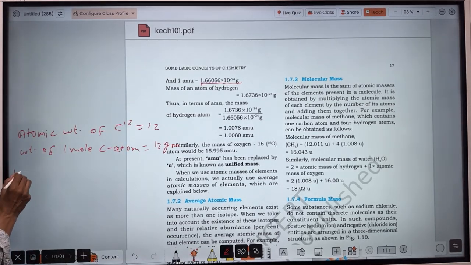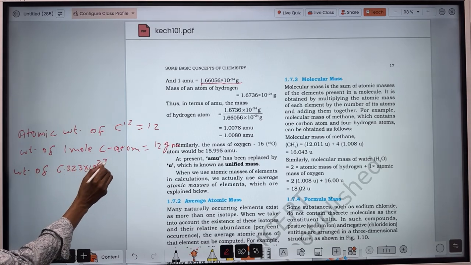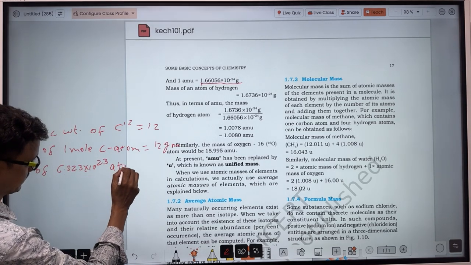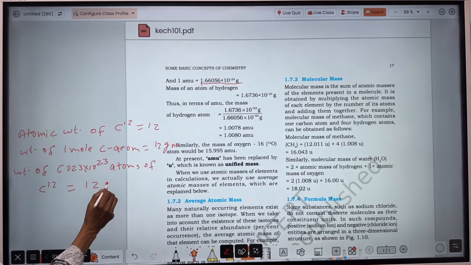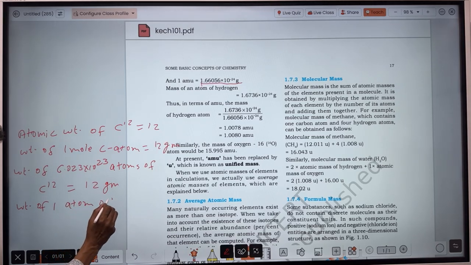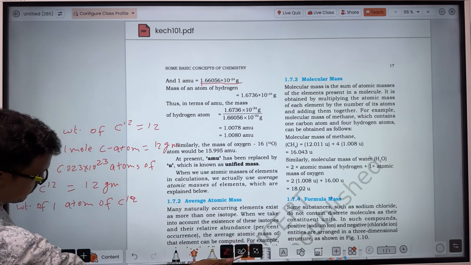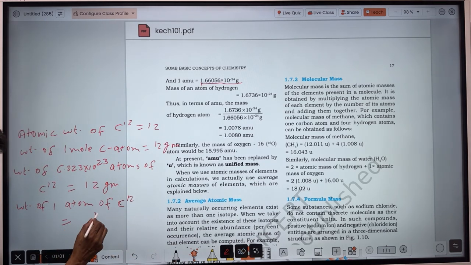So the weight of 6.023 into 10 to the power 23 atoms of carbon 12 will be equal to 12 gram. So the weight of one atom of carbon 12 will be equal to how much? 12 upon 6.023 into 10 to the power 23.